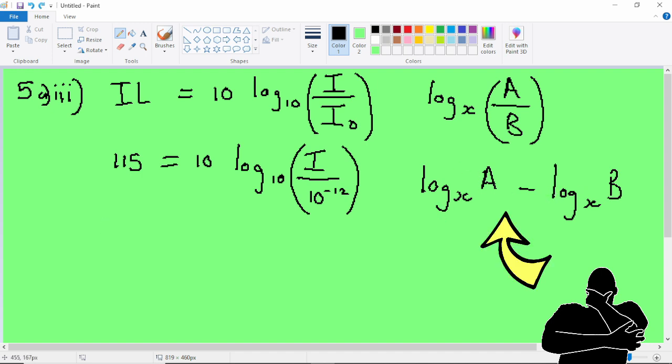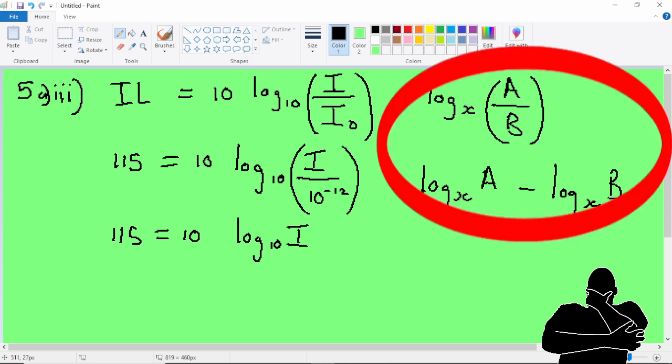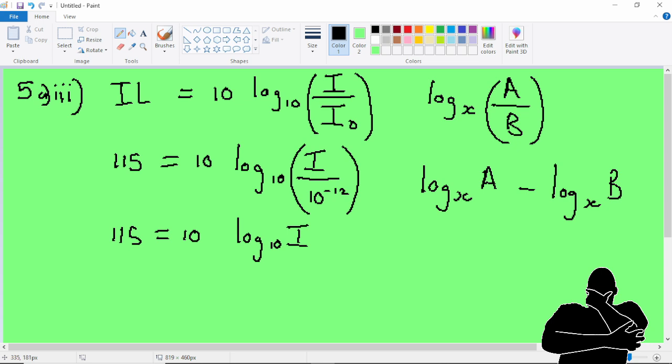Now that we have this relationship, we can write this out in a different way. So we can write 115 is equal to 10 times log base 10 of I, which is this over here. So the I is the a, which means the b is 10 to the minus 12. So we can write minus log base 10 of 10 to the minus 12.